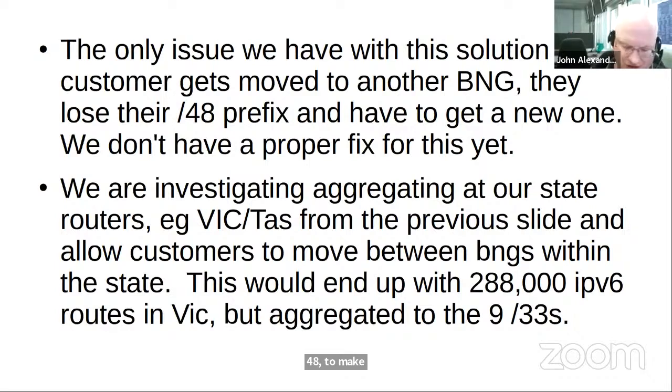We are looking at doing a within-a-state IPv6 BGP advertisement, so that all of the BNGs within a state will share the /48, so that if you do change a BNG, you'll be able to keep your V6 address. But at the moment, it stays within that one BNG.